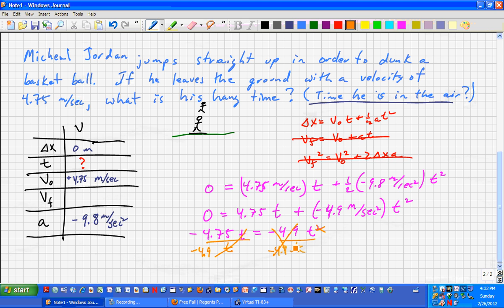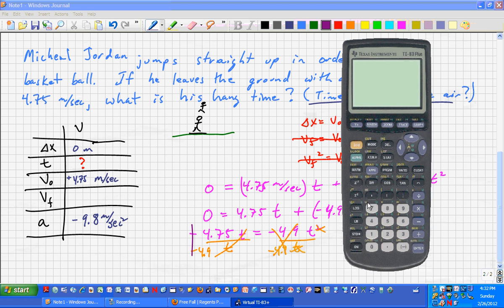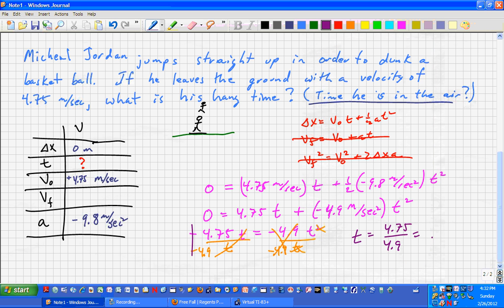The negatives go away, and I get t is going to be equal to 4.75 divided by 4.9, which is going to be equal to 0.969, or 0.97. Let's go with 0.97 seconds. He spends almost a full second in the air.